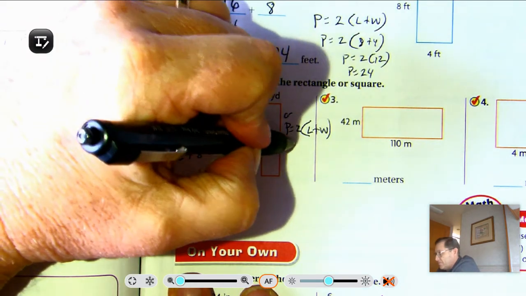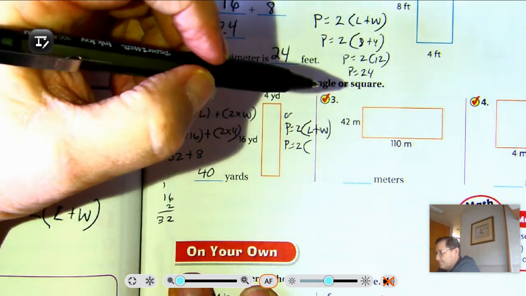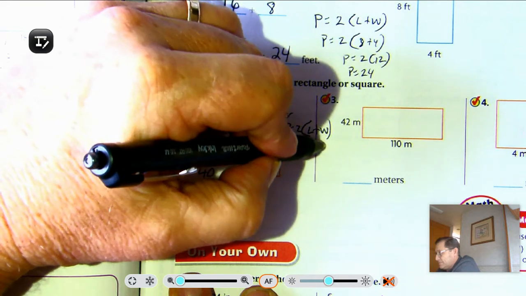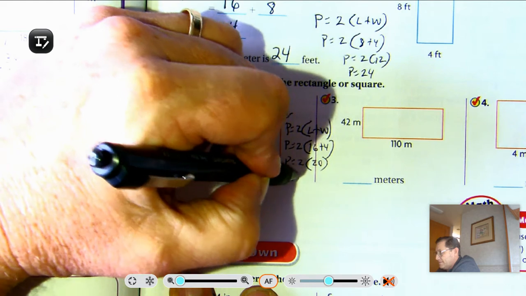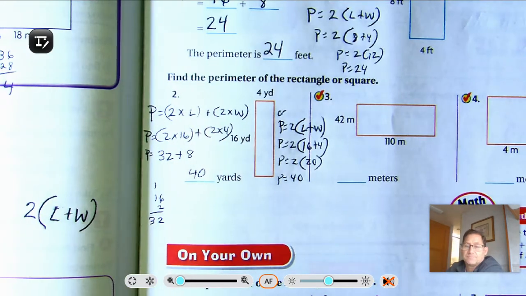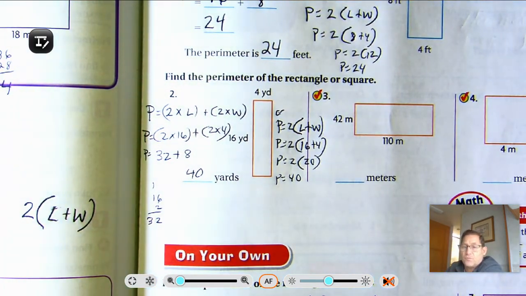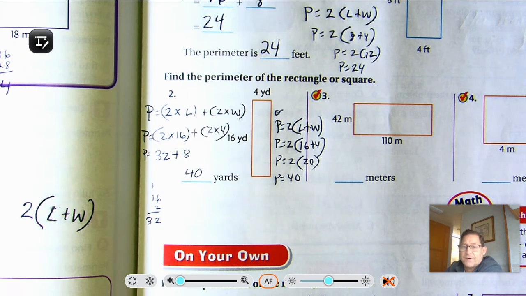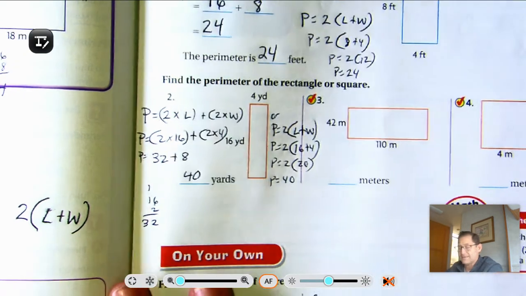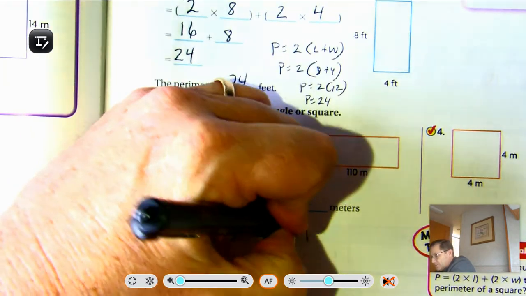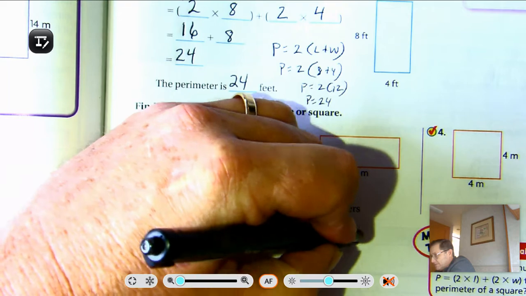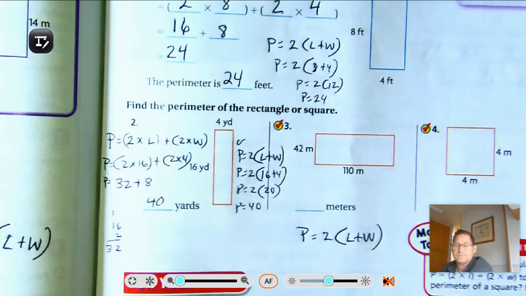If I used this formula, it would have been 2 times 16 plus 4. P would equal 2 times 20. P equals 40. So either way. All right, number 3. This is a rectangle. So this time I think I'm going to use P equals 2 times the length plus the width.